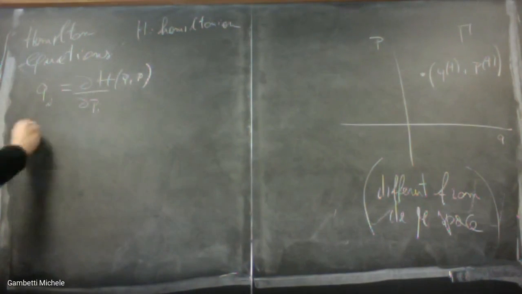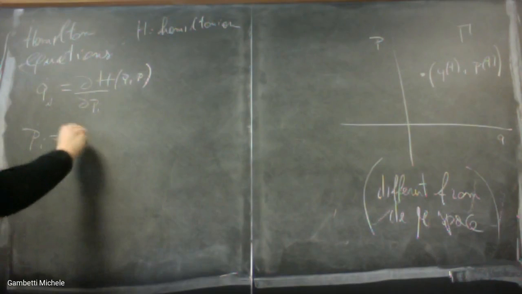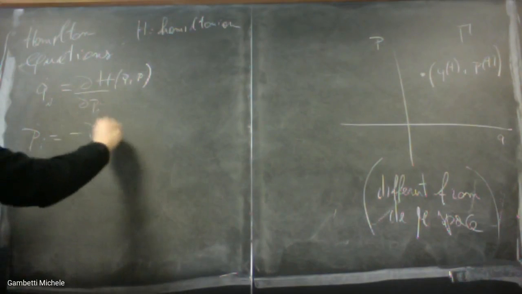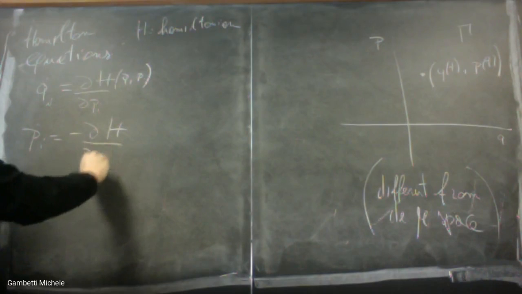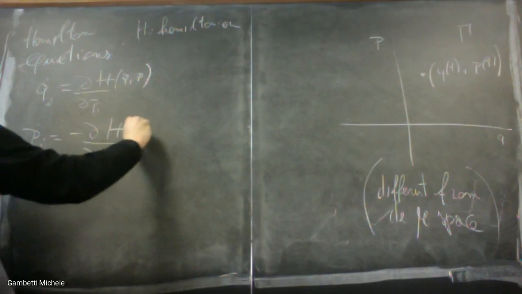And similarly for p dot i, it is minus the partial derivative of the Hamiltonian with respect to q_i.